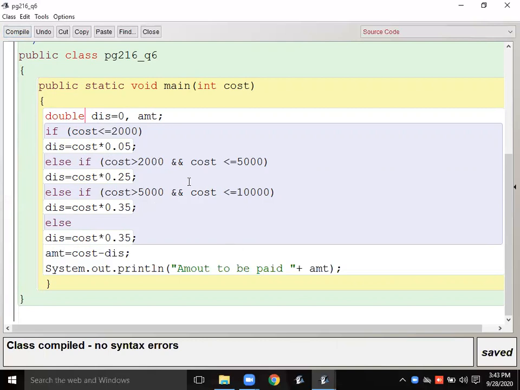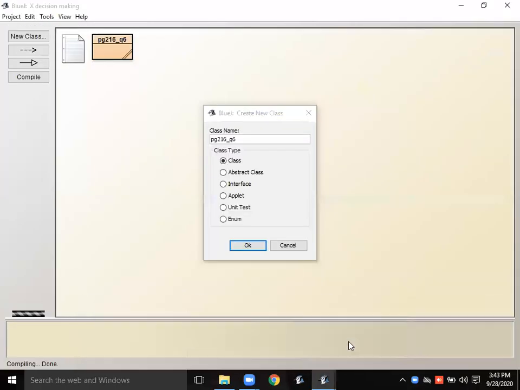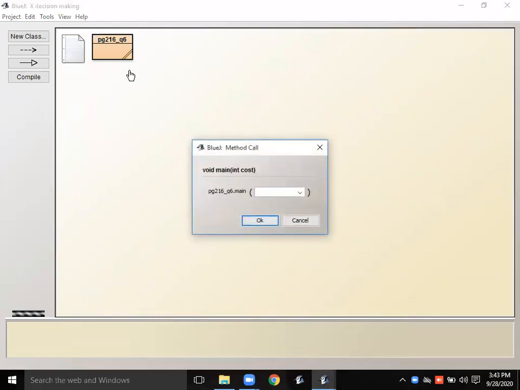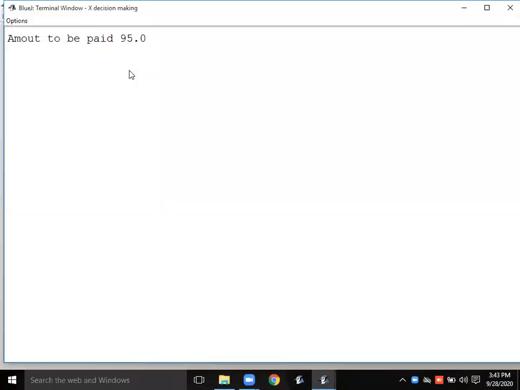Now in the double, the default value we should give is 0.0. Now compile, execute. Void main. Suppose here I'm giving 100 rupees, so it should display 95.0.